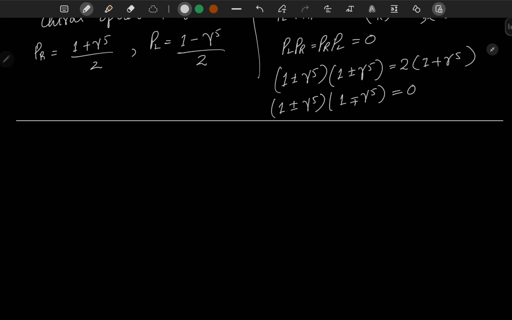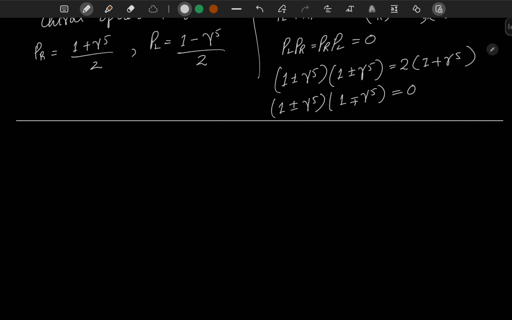The point of introducing chiral projectors is that neither QED nor QCD can distinguish between left or right-handed particles. It's only the electroweak force which can make a distinction between left and right-handed particles.